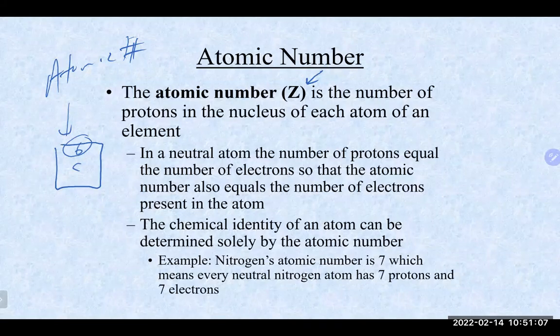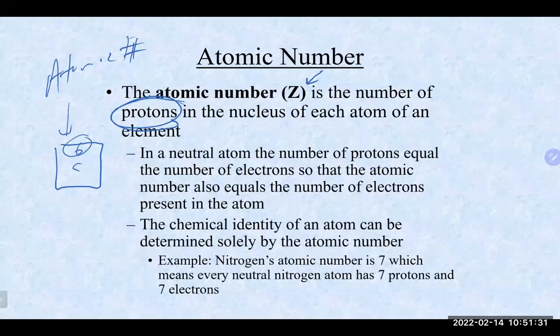It is important to remember, though, that if you are asked what is the definition of atomic number, it is just the protons. It is not protons and electrons, which is a common wrong answer. It just so happens that if you're dealing with something that is neutral, which means it has no charge, it has to have an equal number of electrons.